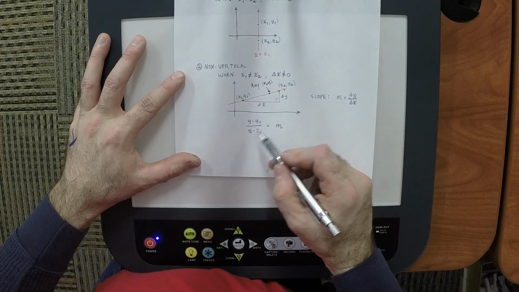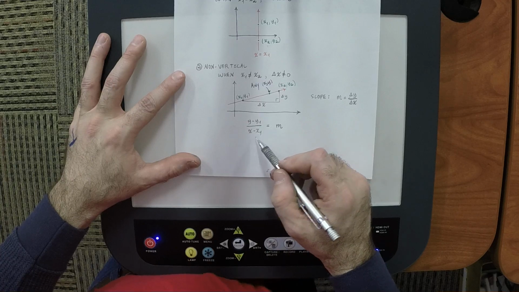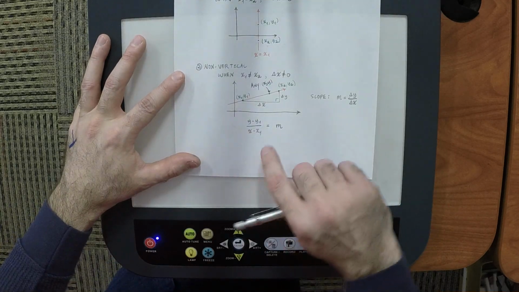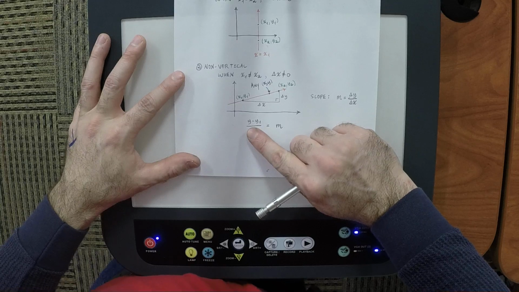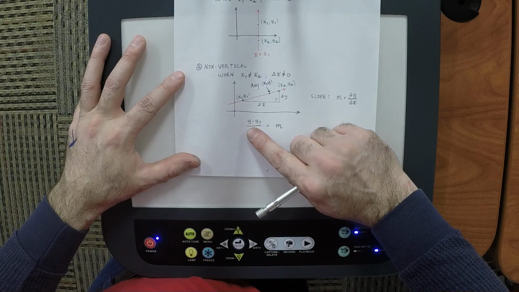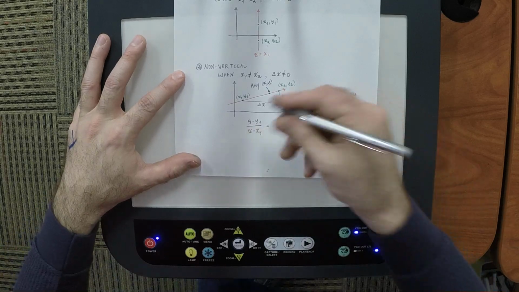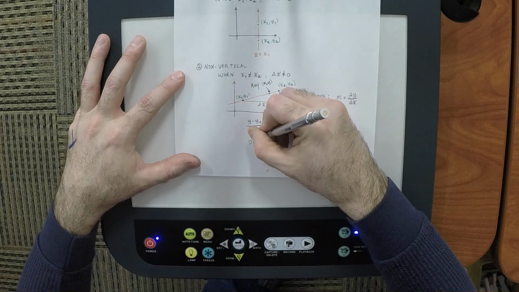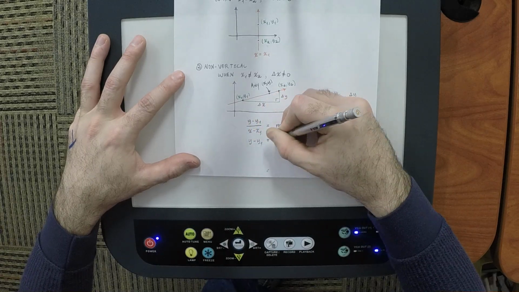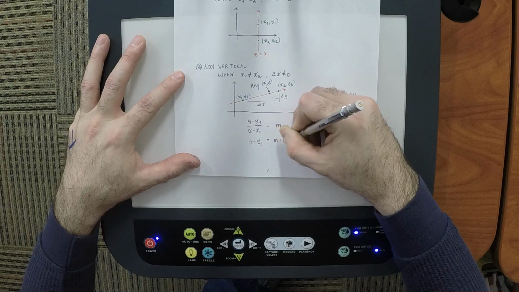Then we can multiply both sides of this equation by the denominator of the left-hand side. So take that, imagine that I'm covering up a 5, multiply both sides of the equation by 5. So y minus y1 is m multiplied by x minus x1.